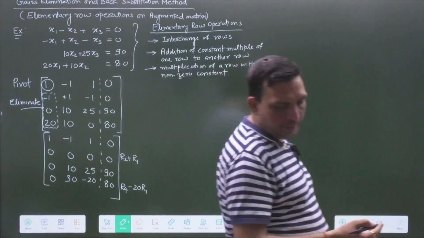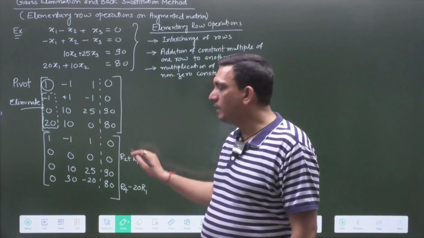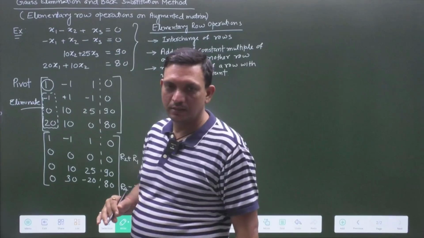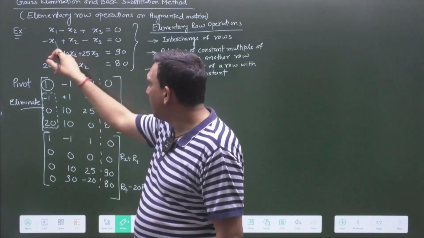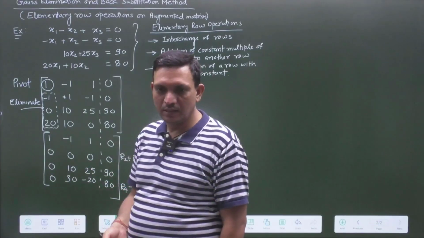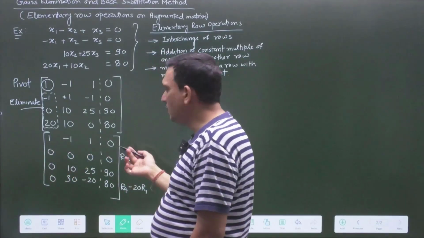After applying elementary row operations, you will get this augmented matrix. Now see, although there are 4 equations, by applying elementary row operations, you have eliminated one equation because it is not required here. So all are 0.